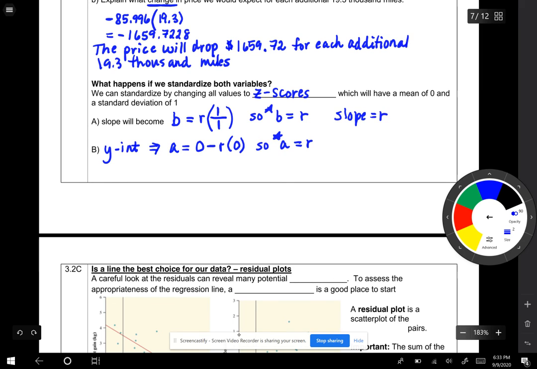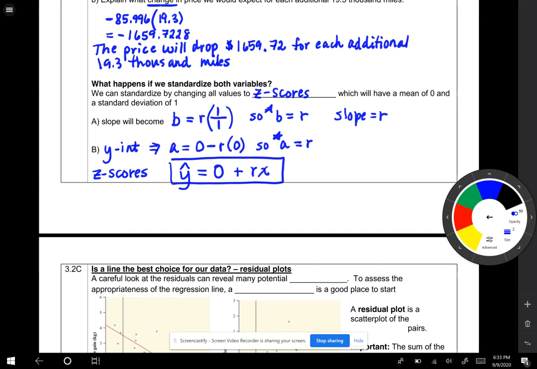So now our final equation for z-scores is y hat is equal to 0, which is your y-intercept, plus our slope, which is r, times the variable x. So this is for z-scores. Now, are you going to do heavy work with it? No, but just understand that when you're standardizing something, you're always going to have a mean of 0 and a standard deviation of 1.